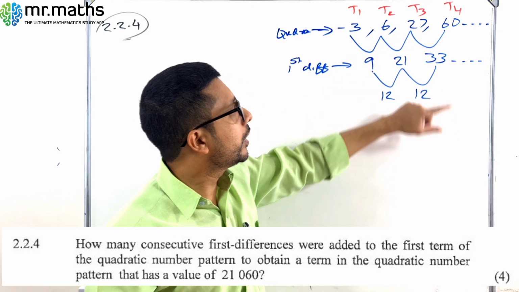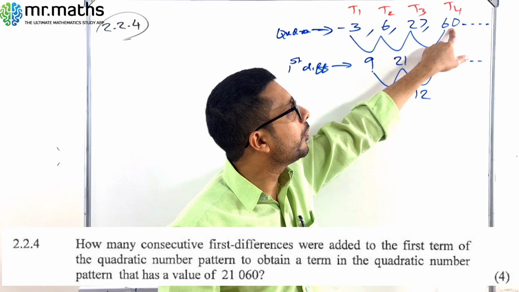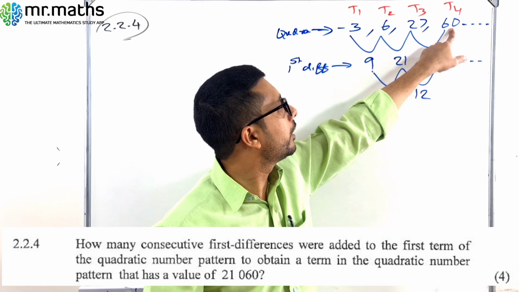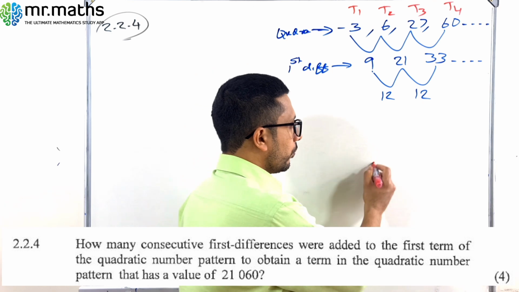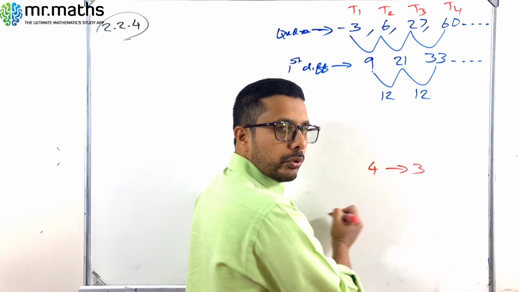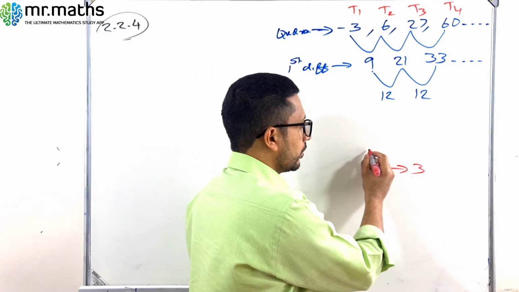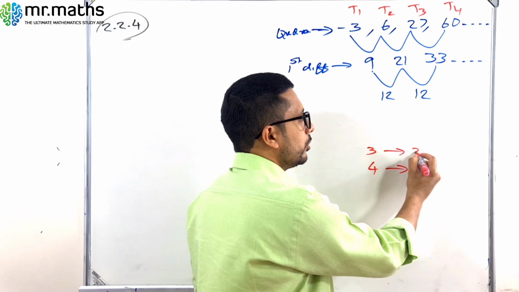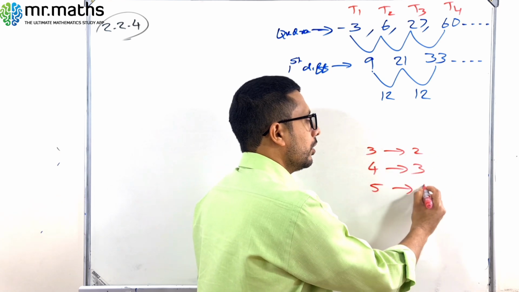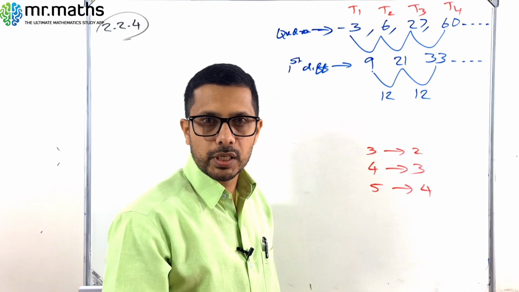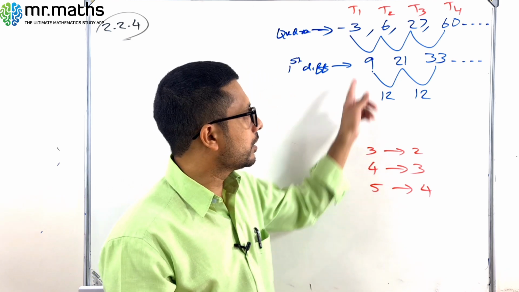You understand? To get the fourth term, how many consecutive first differences are added? 1, 2, 3. That means to get the fourth term, 3 consecutive differences are added. To get the fifth term, 4 consecutive first differences are added. You understand? This is the first difference.